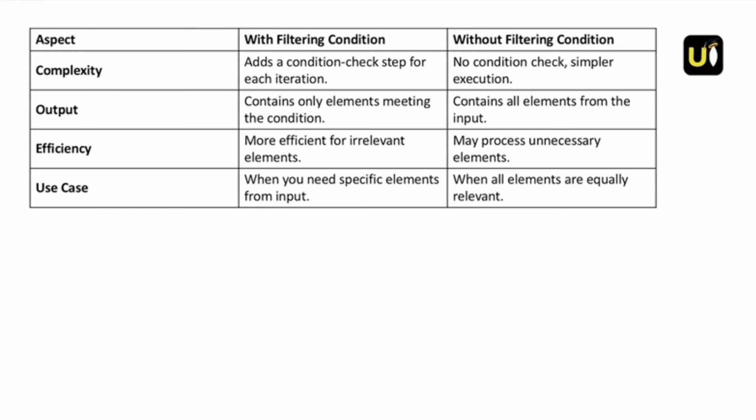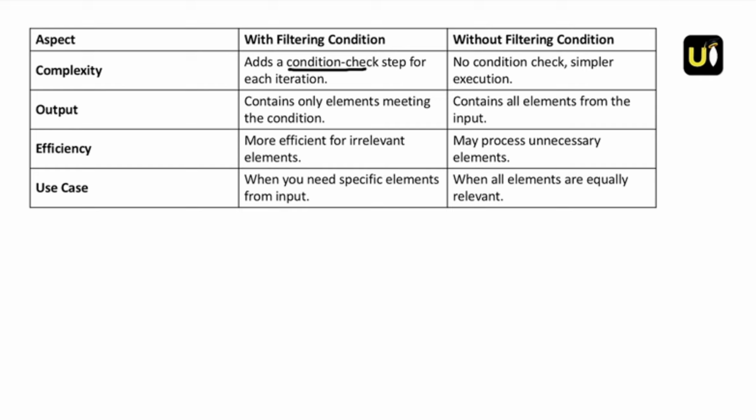So let's see the difference between with filter and without filter. With filter adds a condition check for each iteration, and without filter, no condition check, simpler execution. So in our example, the condition check was the gender condition, and the output contains only the elements meeting the condition. So the output in our case was the count of the number of male students, whereas without filter we are just counting the total number of students.